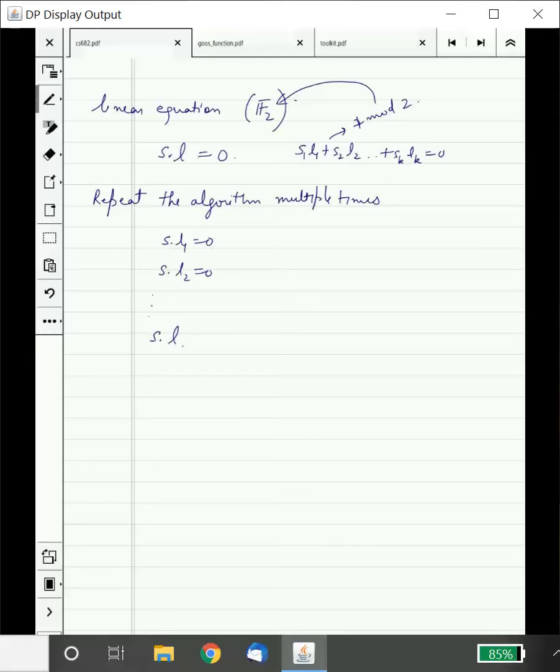The claim is this can make us recover S. When can we recover S? Given a bunch of these linear equations, when can we recover S? If I have k minus 1 linearly independent equations, this will give me S.